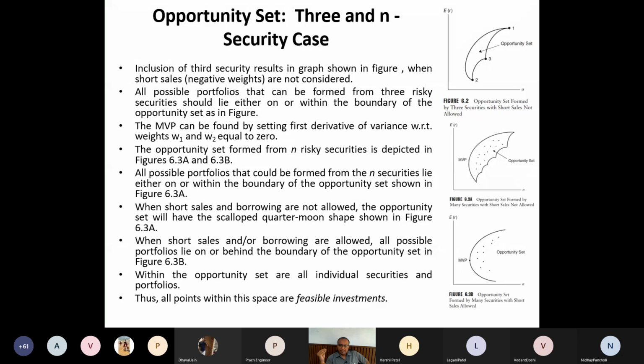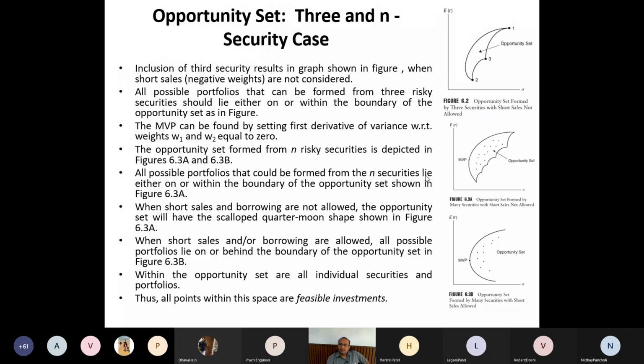And we always remember the sum of WI is always 1. So the weights of all securities should be equal to 1. So weight can be mostly from 0 to 1, right? If we are not allowing any short selling. If we are allowing short selling, the weight can be greater than 1 or even can be negative, right?